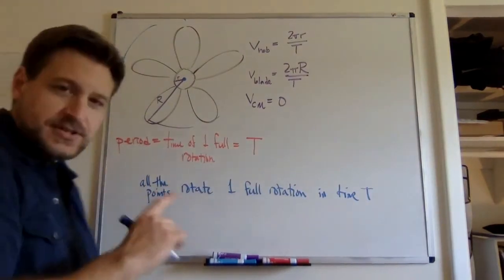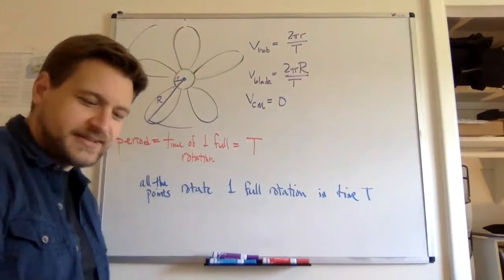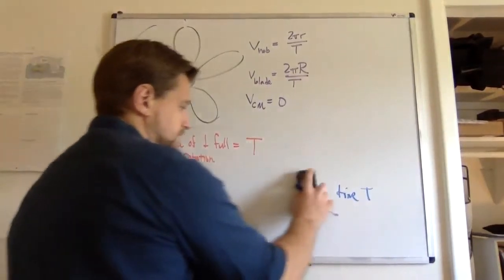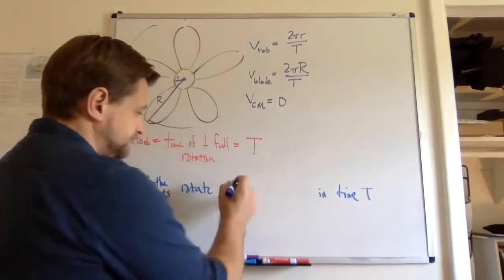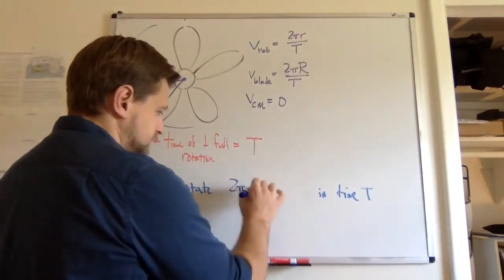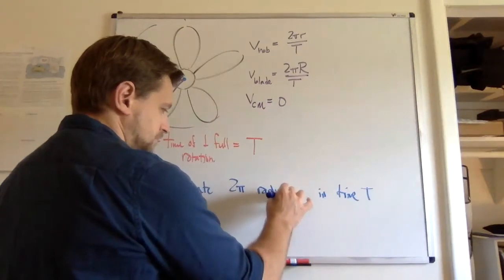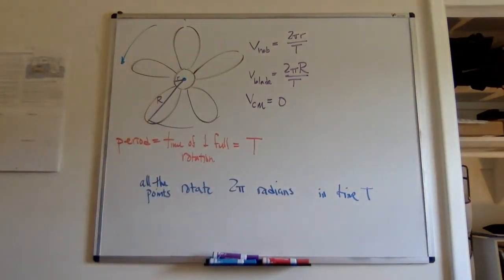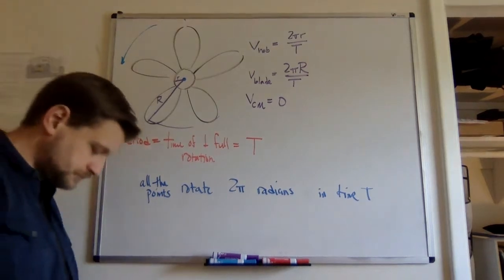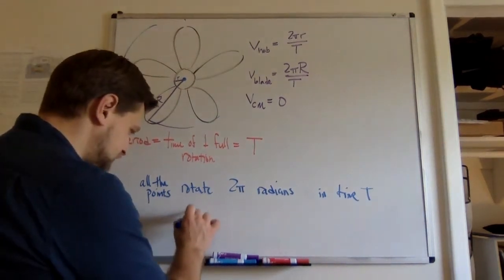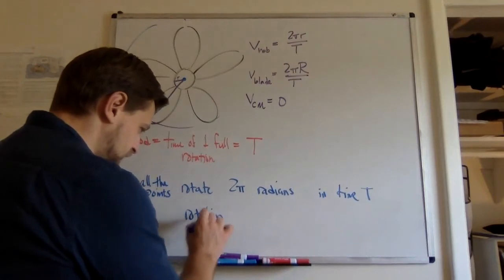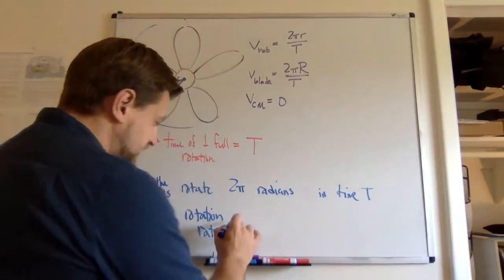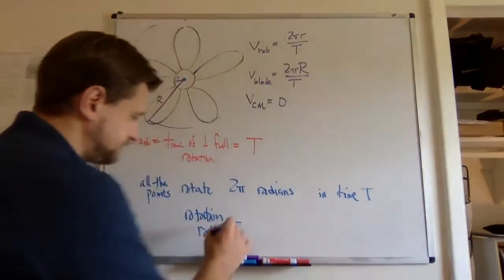One full rotation isn't the only way I have to talk about this. One full rotation is 360 degrees, or 2 pi radians. So we could, if we want to, make up a definition, rotation rate.